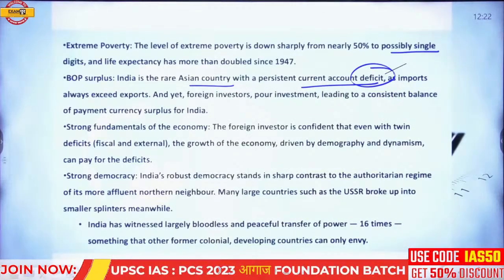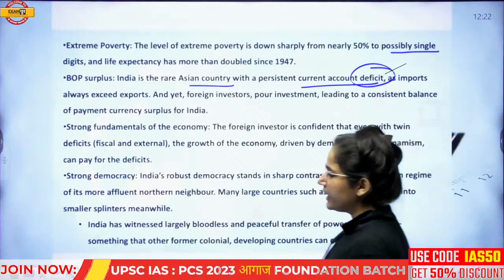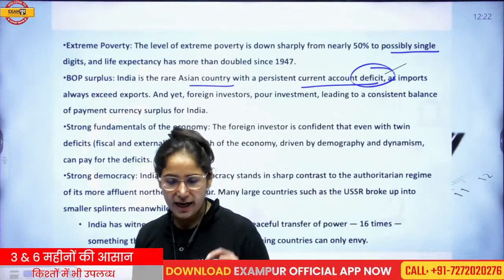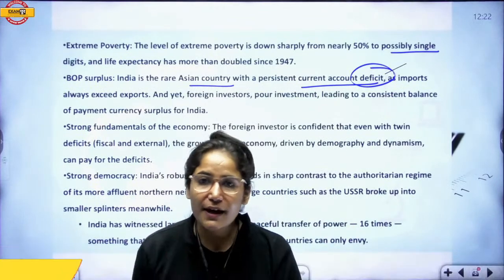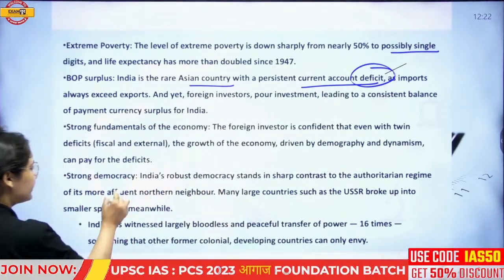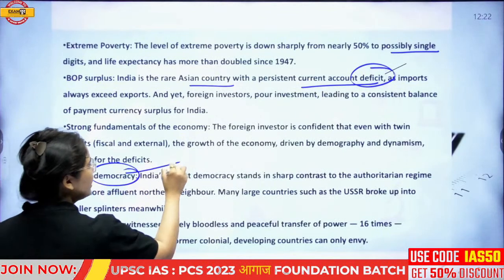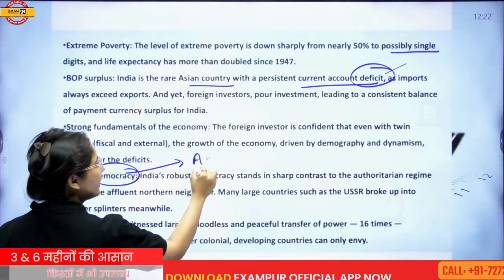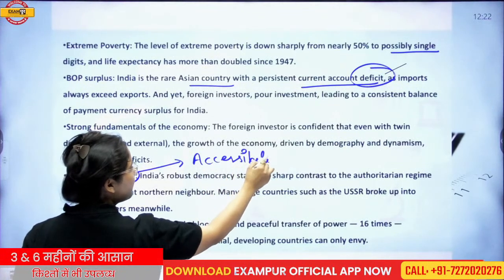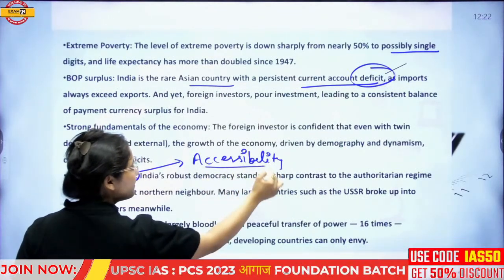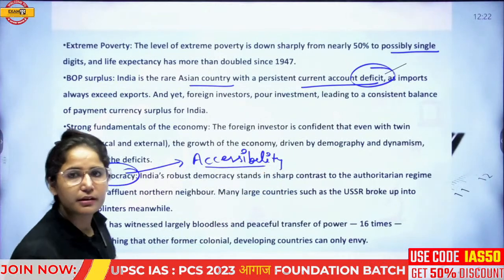So what is the other point? Strong democracy. If you are talking about the economic aspect, you need to go for another dictionary over here. What do you mean by democracy over here? You need to concern yourself with the accessibility. How much accessibility is there of the programs and the resources which have been provided by the governments?